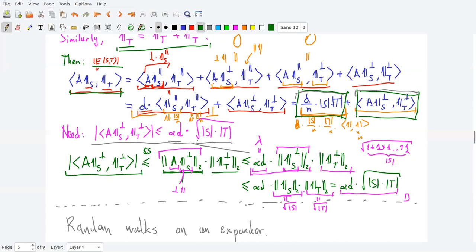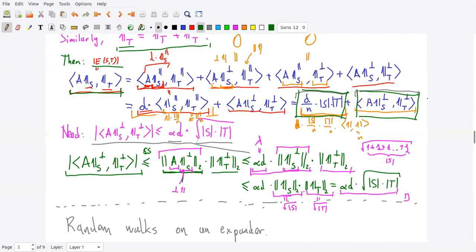Yes, this error term is essentially confined to the subspace that is orthogonal to the vector of all ones. And if our operator has good spectral properties on this subspace, then we can control this error term much better.